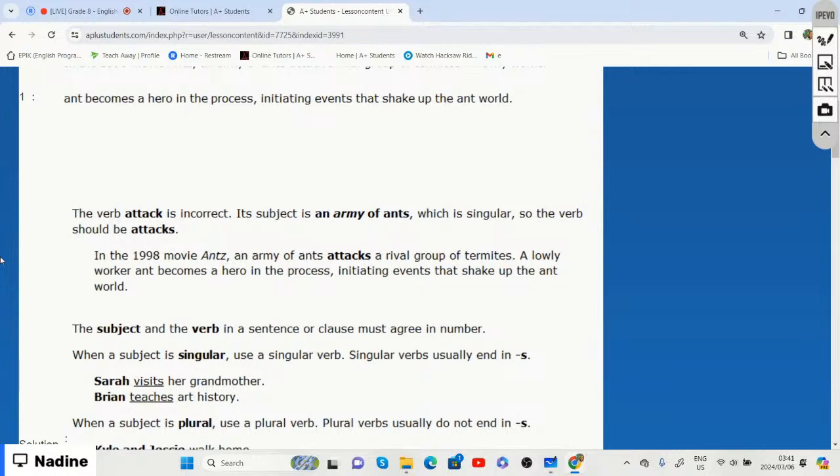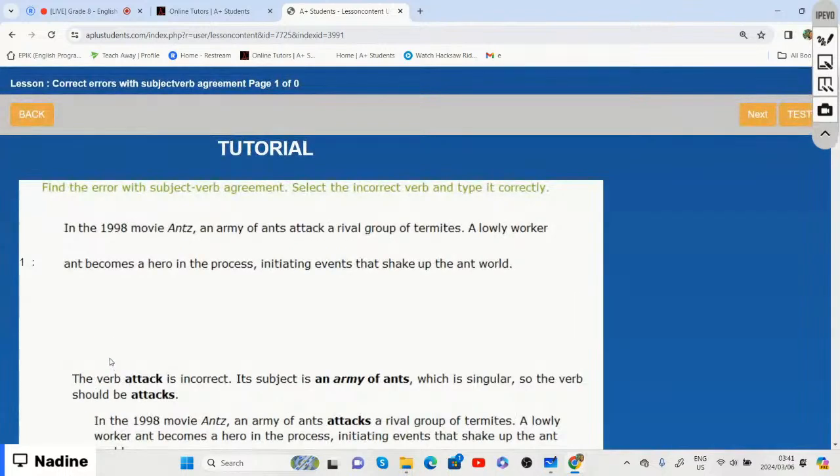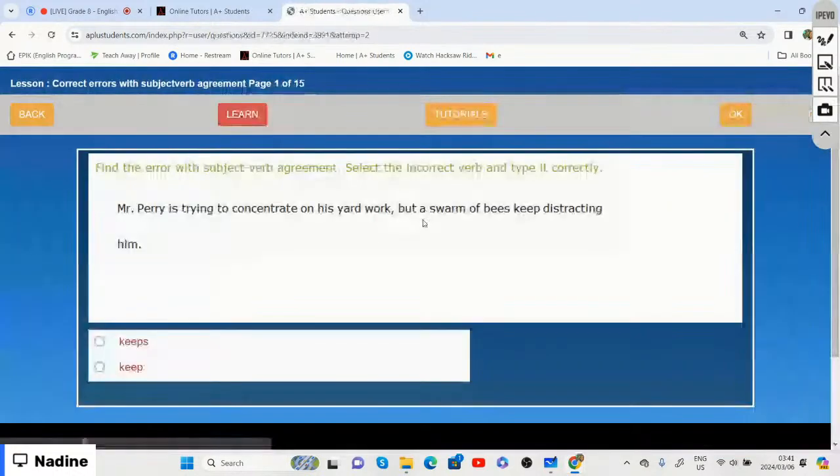All right. Let's go to our test. We need to find the error with subject-verb agreement. Select the incorrect verb and type it correctly.